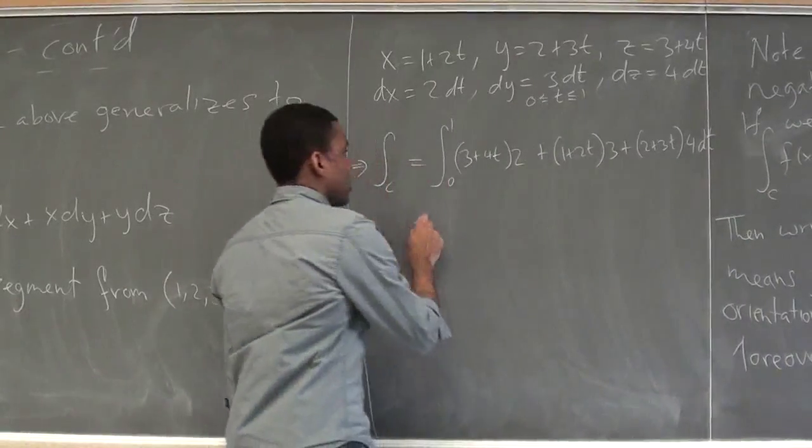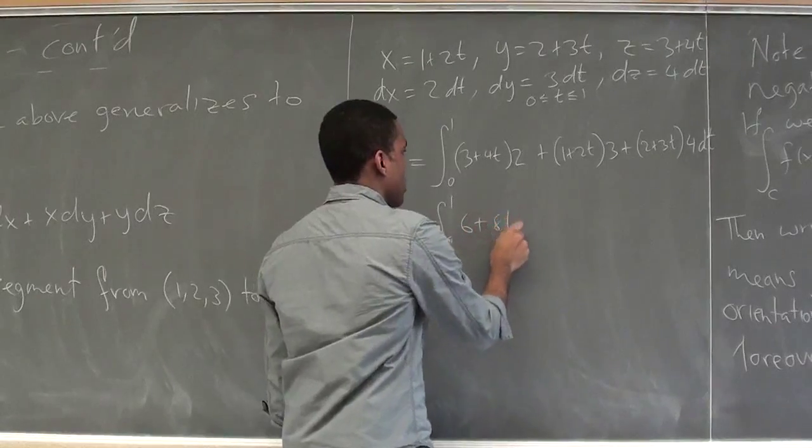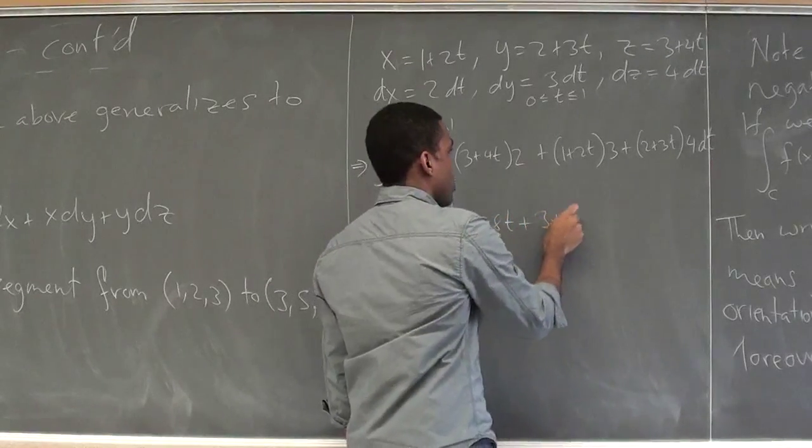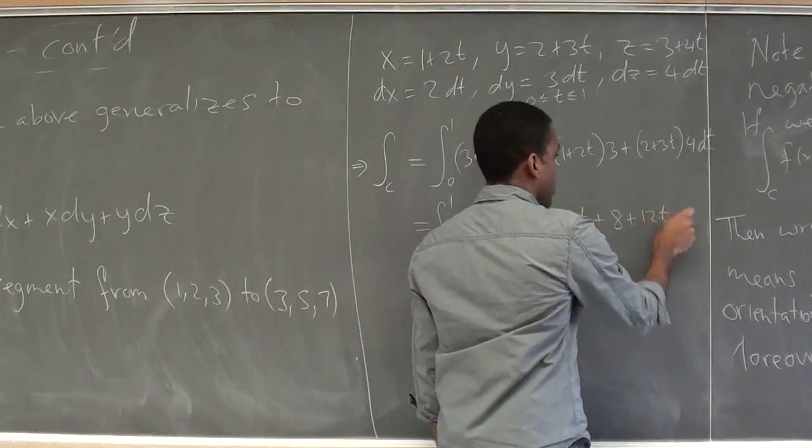And so now you're just going to have 6 plus 8t plus 3 plus 6t plus 8 plus 12t.